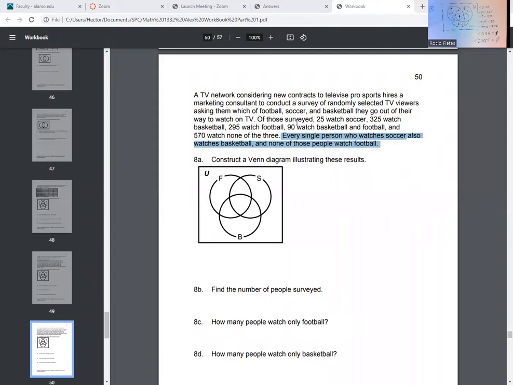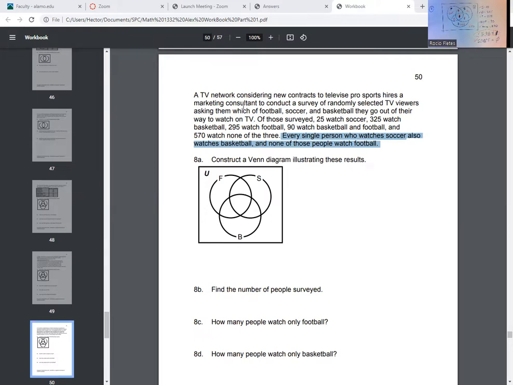Okay. Oh, I got it. I see where I knew there was something wrong. S and B are not empty, so I have to check that one. And we know that none of those people watch football, so S and B and F is empty. But S and B are not empty.